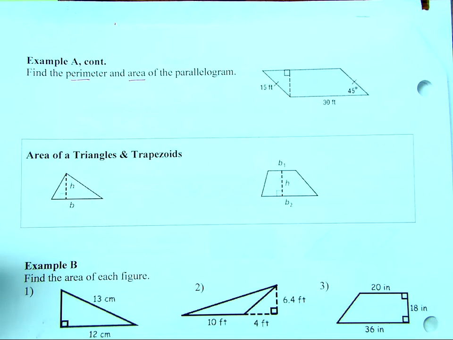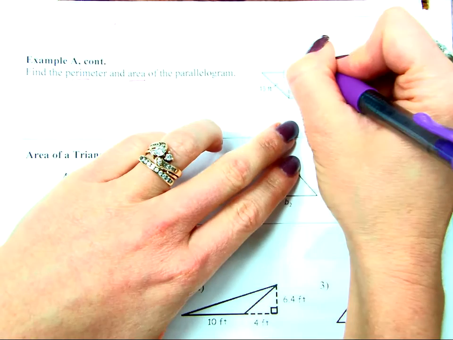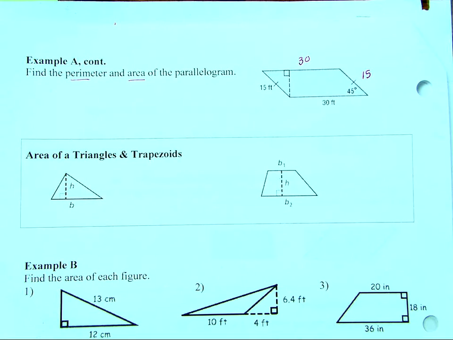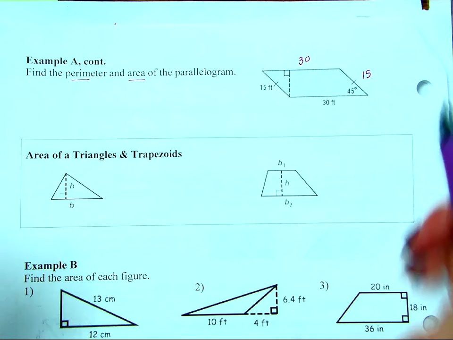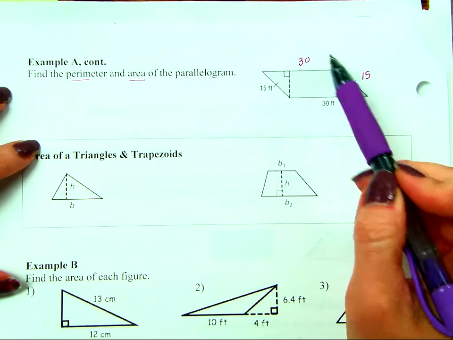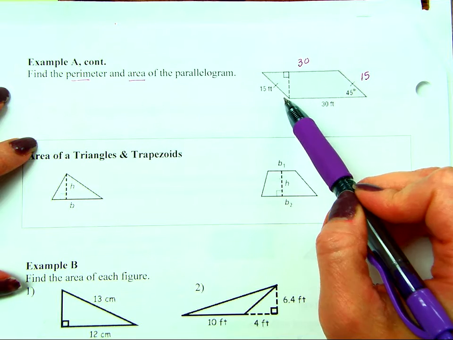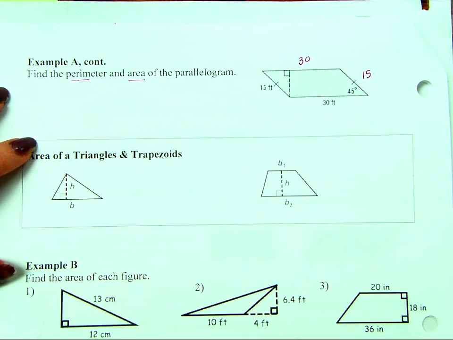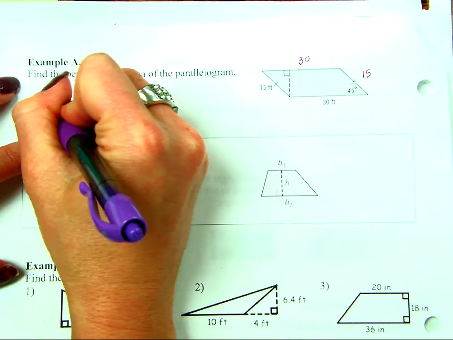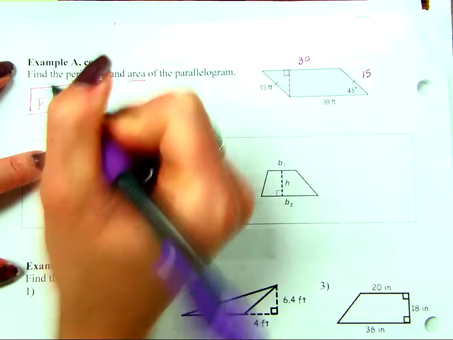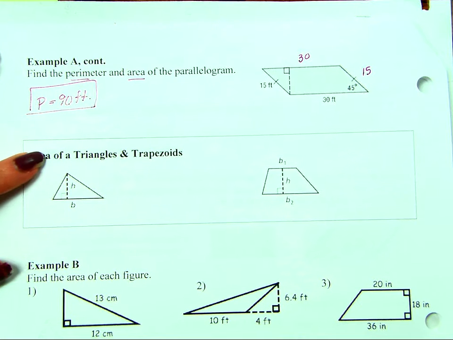As I look at this, the perimeter should be pretty easy because we already have the numbers that we need if we simply add up the distance around our figure. So if I add 30 plus 15 plus 30 plus 15, we are going to end up with a perimeter of 90 feet, right? That's a linear measure. That's all I'm going to do for that one.